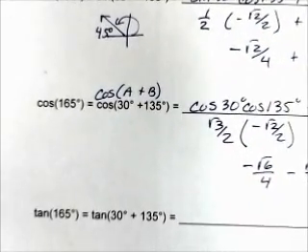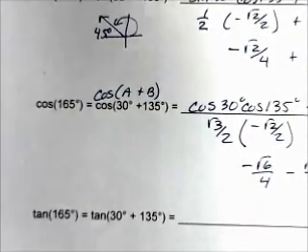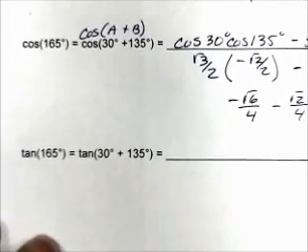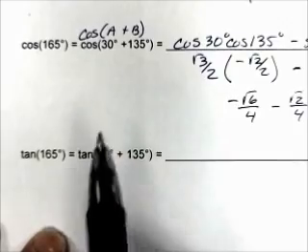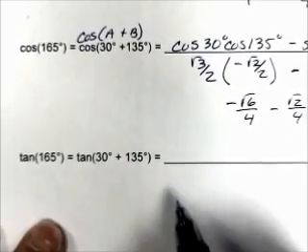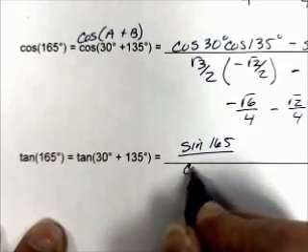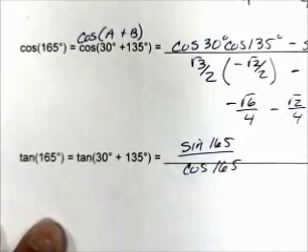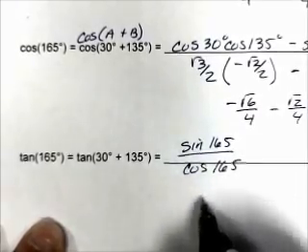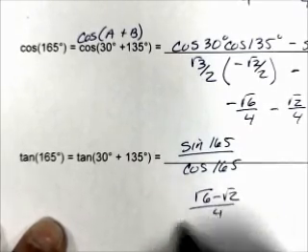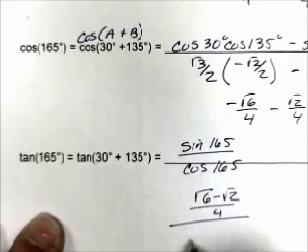And for the tangent of 165, I'm just going to take sine over cosine. So it would be the sine of 165 over the cosine of 165. Sine of 165 is our square root of 6 minus the square root of 2 all over 4. And then the cosine, negative square root of 6 minus the square root of 2 all over 4.